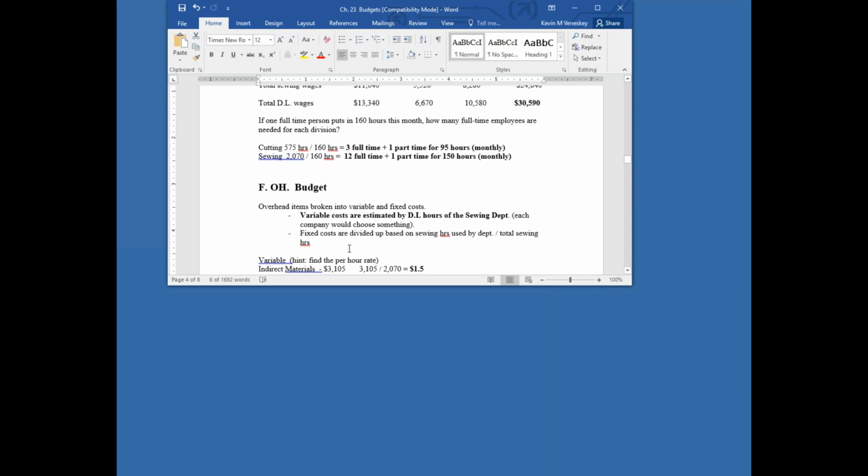It comes out to be $1.50 that needs to be tacked on for variable costs for every hour used to make a product, because all I did is take the $3,105 in indirect materials and divide it evenly among the total sewing hours. Now go ahead and do the same thing for the other two variable costs: divide their costs by the total sewing hours. It's not hard to do, but it's good to go through the exercise. It helps you remember what to do.